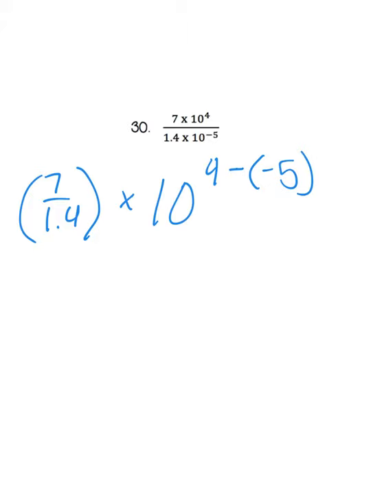So 7 divided by 1.4 is 5, which is a number between 1 and 10, times 10 to the 9th power, because 4 minus negative 5 is 4 plus 5, since when we minus a negative, we add the opposite. That gives us 5 times 10 to the 9th power.